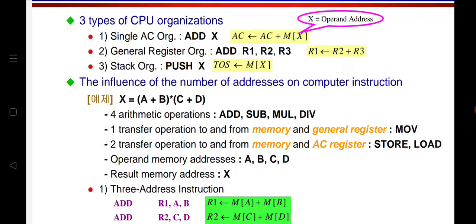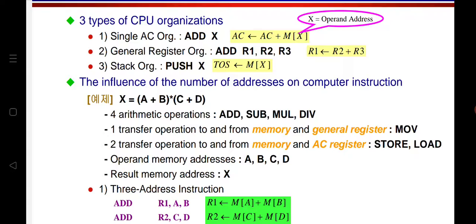Next is stack organization. In stack organization I use my stack memory to perform any operation. Like in the previous class, we saw stack organization, where by taking one small equation, we first performed the postfix for the equation.